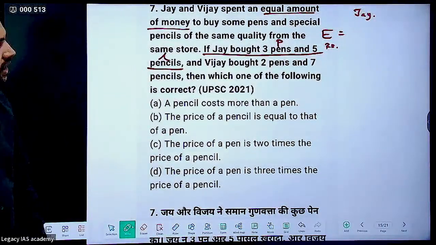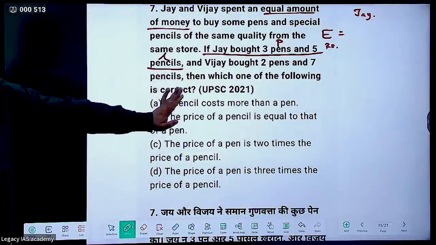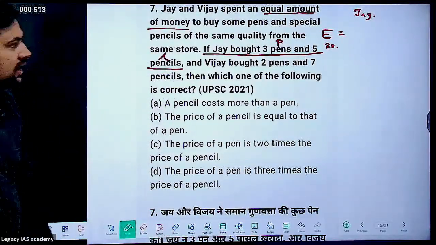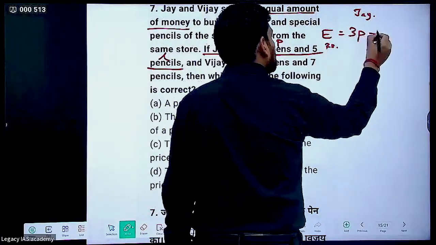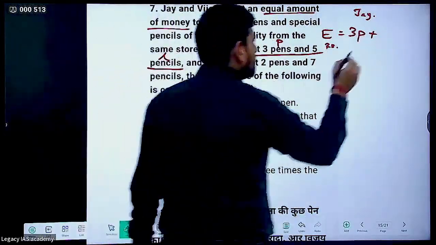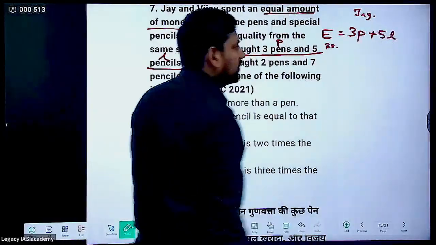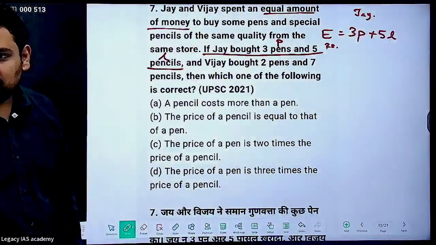Then price of one pen is P, price of one pencil is L. Now, how much did Jay spend? Jay spent on 3 pens and 5 pencils: 3P plus 5L. This you understand?